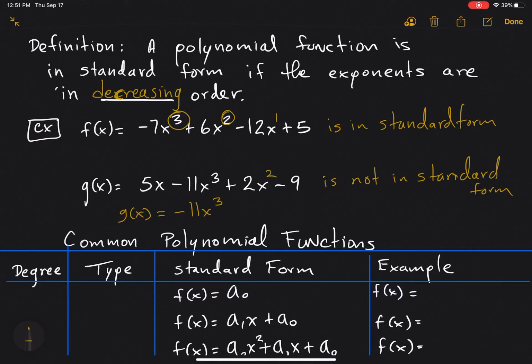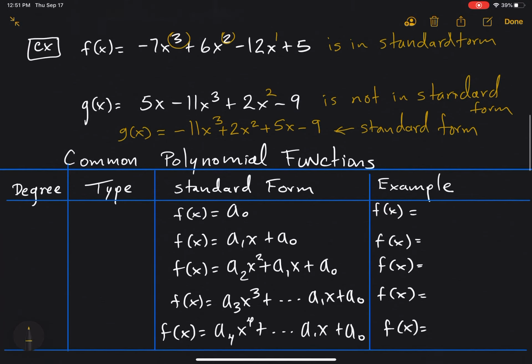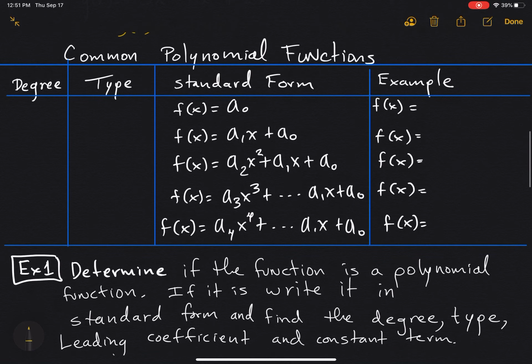Let's make that 2x to the second, so that we could write this in decreasing order. So now this is in standard form. It's really simple: just put all the exponents in decreasing order, from biggest down to 0, the constant term.